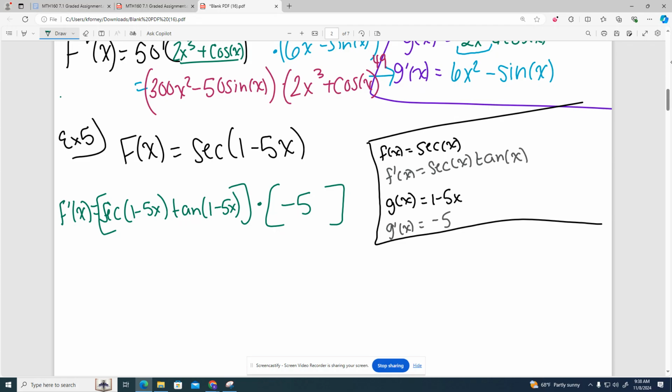So now, you could leave it like this, but it's cleaner if we put the -5 in front as a coefficient. And that would be our answer. It cleans up not having to have so many parentheses.